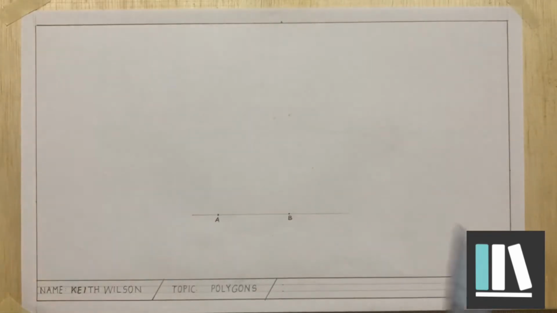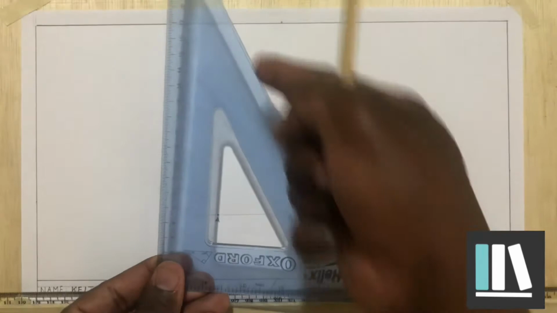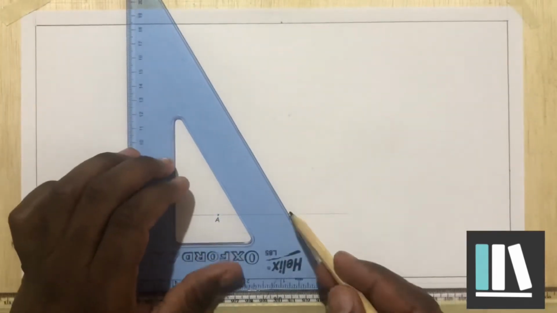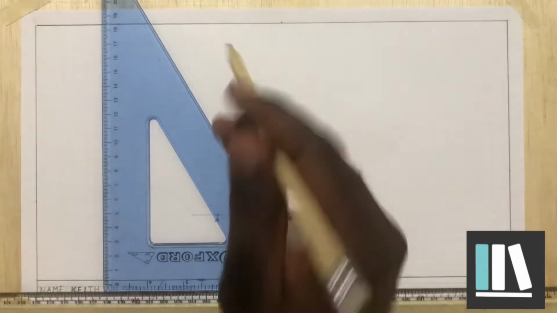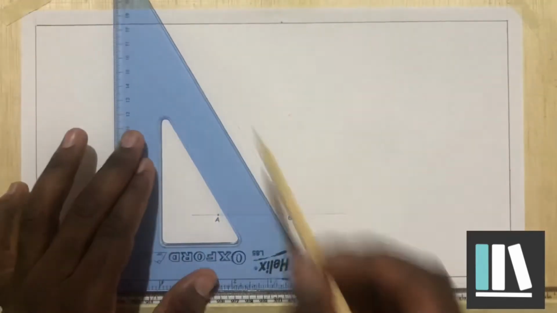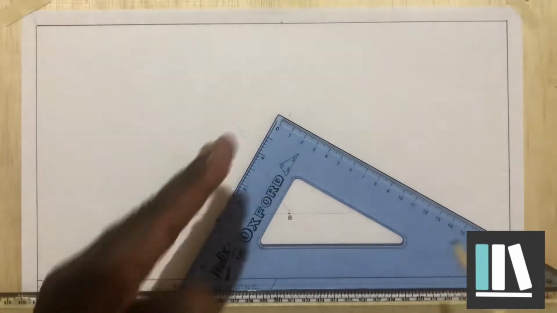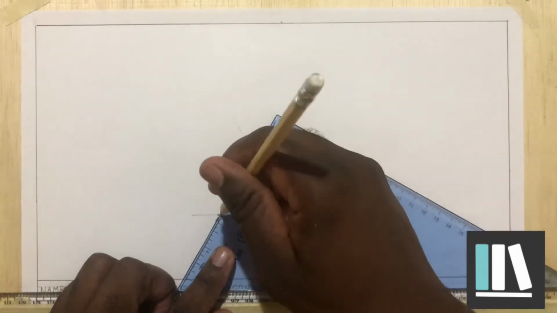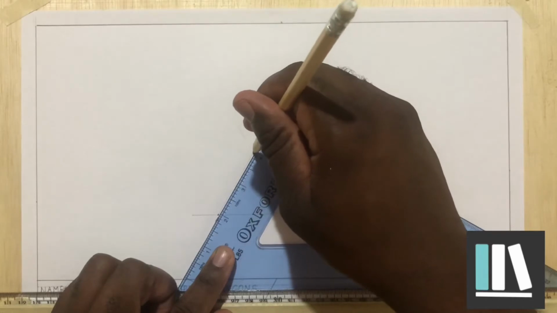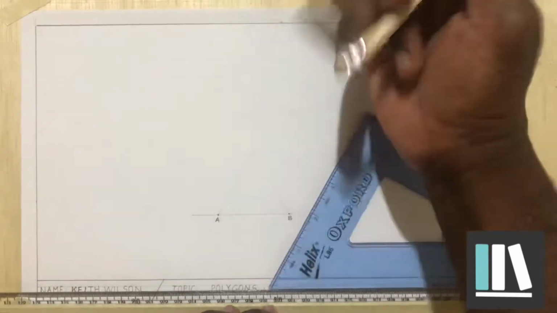Now I'm going to take my 60-degree set square, and please note how I'm positioning the set square. I'm positioning it in such a way that from A, you get a 60-degree angle. You can erase the extension of the construction line.